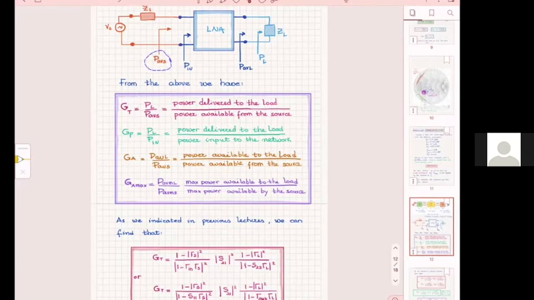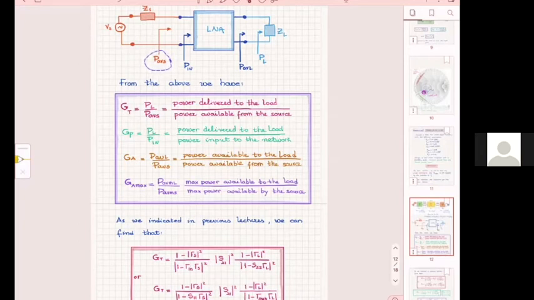Then GA is the power available to the load divided by the power available from the source. Again, GA shows like a maximum possibility. If everything were to be ideal, how much could that gain really be? That defines an absolute maximum of the gain.